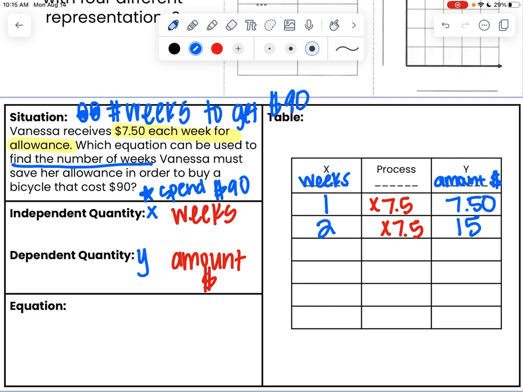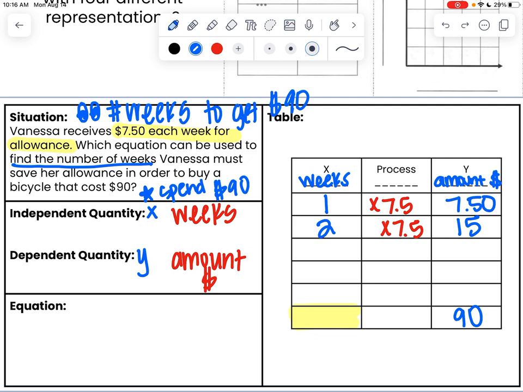But I want to get to 90. I want to know how many weeks it takes me to get to $90. If 2 weeks is $15, then 3 weeks would be $7.50 more than that.